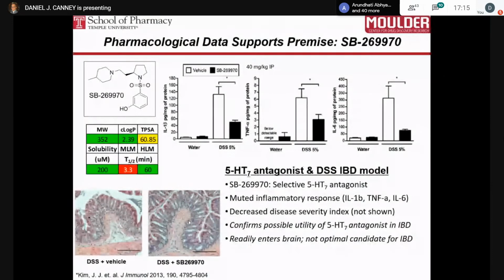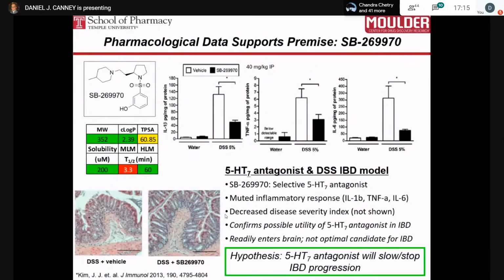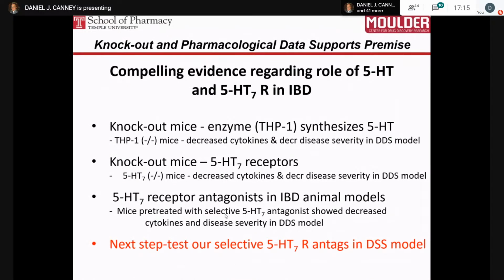So we saw that, at least in our eyes, this evidence supported further investigation and that 5-HT7 antagonists may indeed be able to slow the progression of this disease. So again, we found this to be compelling evidence regarding the role of serotonin and 5-HT7 in IBD. This is just a summary of the different things that I just presented: knockout mice of the enzyme, the receptor, and the use of the 5-HT7 antagonist.